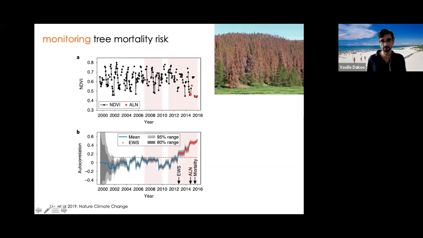And you see that from the record, it doesn't look like much is changing, apart from the fact that we know that we have these strong mortality events happening at around 2014 to 2016.